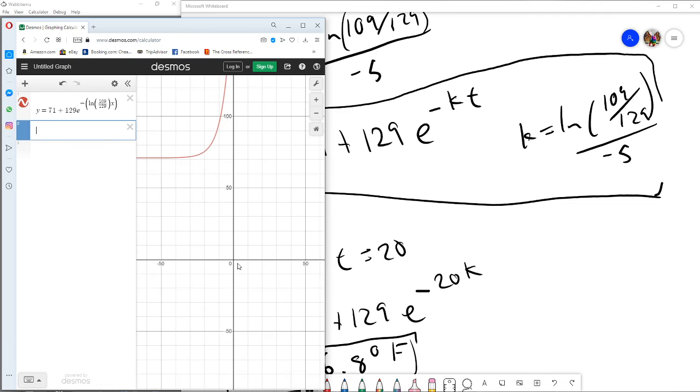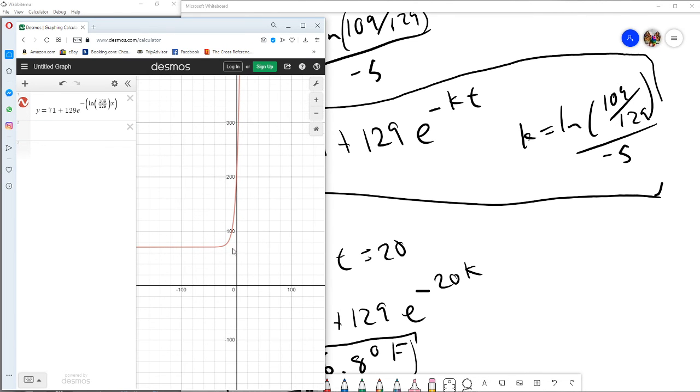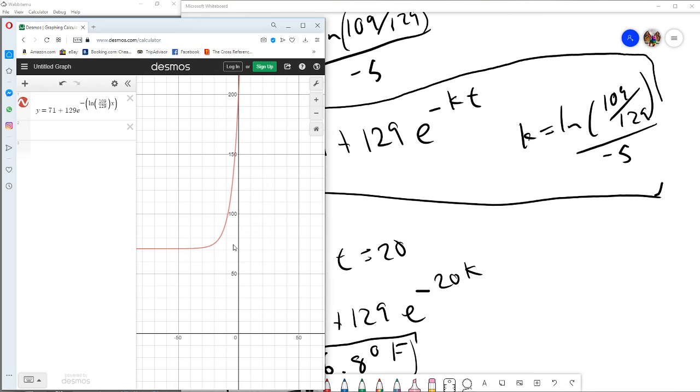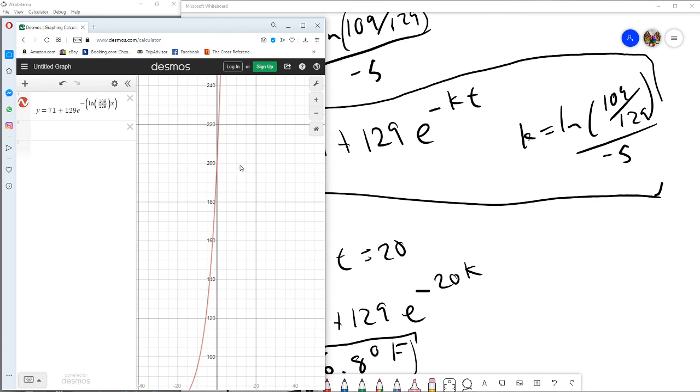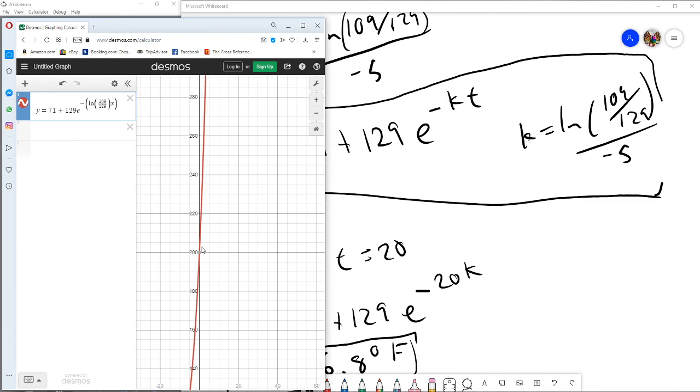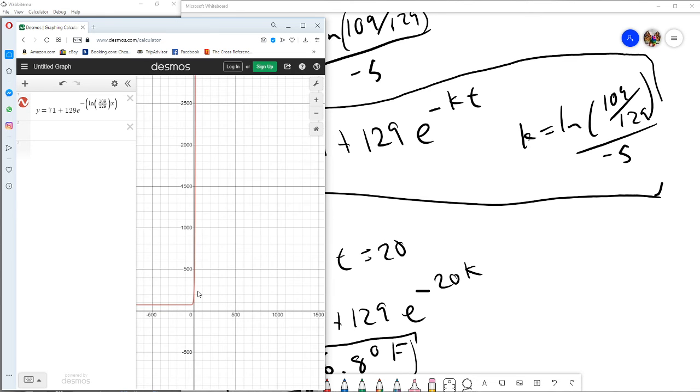Now where is our graph? There's our graph. Alright. So there's our, why is yours backwards now?